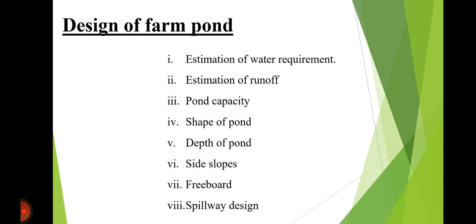The first one is estimation of water requirement, estimation of runoff, farm pond capacity, shape of pond, depth of pond, side slope, freeboard, spillway design. There are 8 steps for the design of the farm pond.